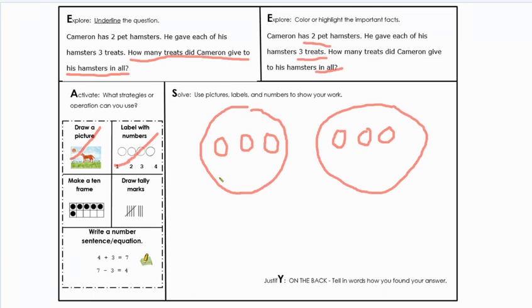So as we count, we can label the number of treats. Ready? 1, 2, 3, 4, 5, 6. So now we know that Cameron gave 6 treats in total, okay, to his hamsters.